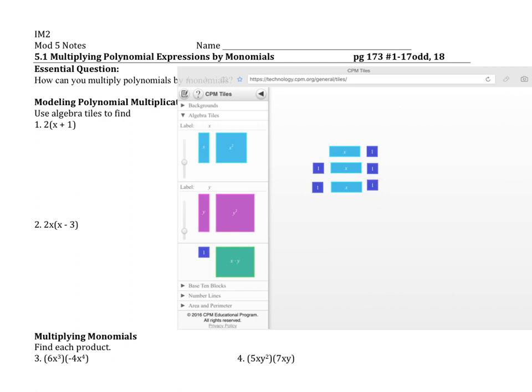So what we end up with is 2 x's and 2 unit tiles, which, if we come back over here and distribute, we get 2x plus 2.